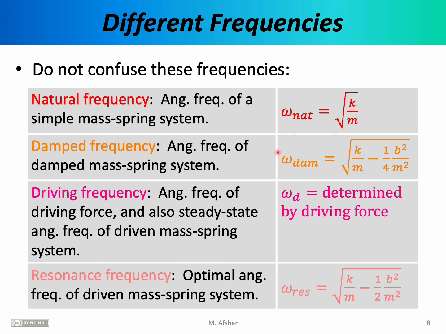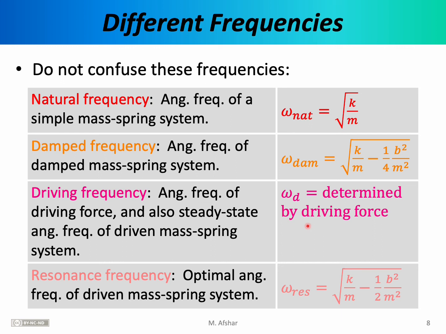And then there's the driving angular frequency, which we've been denoting as omega sub d. This angular frequency is determined by the driving force. So if you're pushing a pendulum or pushing your friend on a playground swing set, then you determine what the angular frequency should be. The angular frequency with which you are pushing your friend is going to be omega sub d.